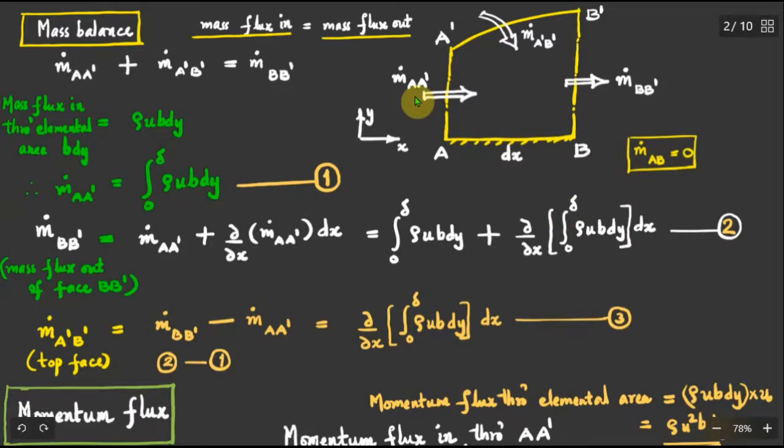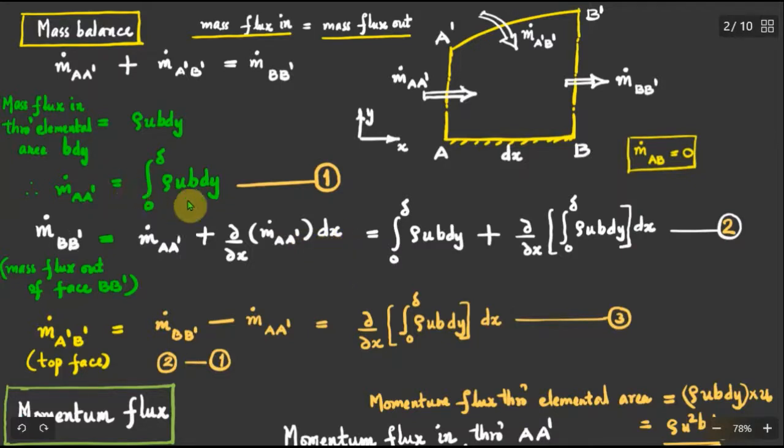Mathematically, using Taylor series expansion, you can find out the mass flow rate through the phase B dash. Mass flow rate through the right side phase B dash will be equal to the mass flow rate through A dash plus an incremental change that is happening after the distance dx, over the distance dx. So m dot B dash is equal to m dot A dash plus dou by dou x of m dot A dash over the length dx.